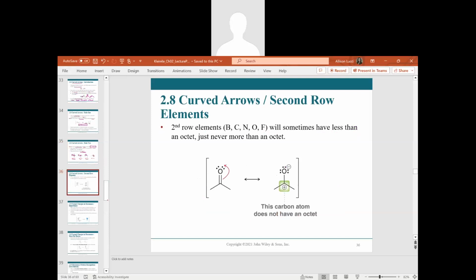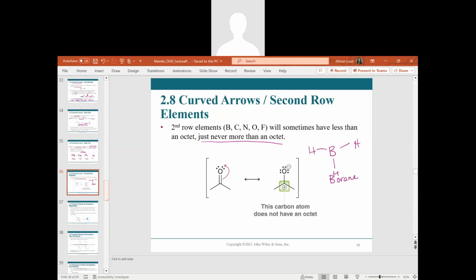You can have less than an octet, just never more than an octet. Boron, for example, you might have looked at as one of the exceptions to the octet rule. Say we made borane here. We have these 3 bonds to boron. Boron only has 3 valence electrons because it's in group 3, so this is neutral.